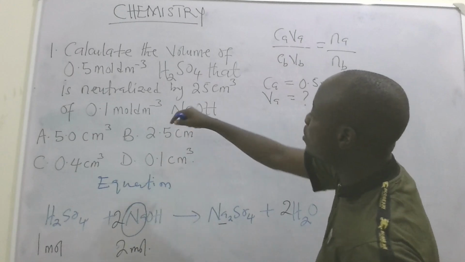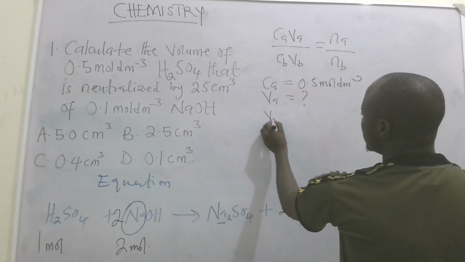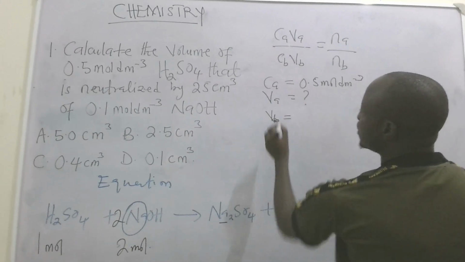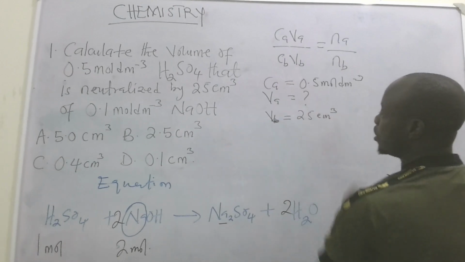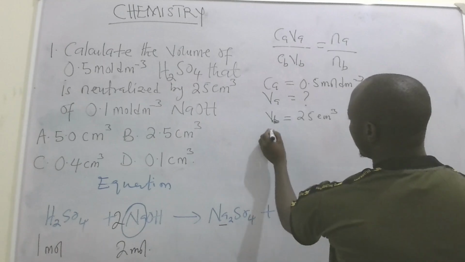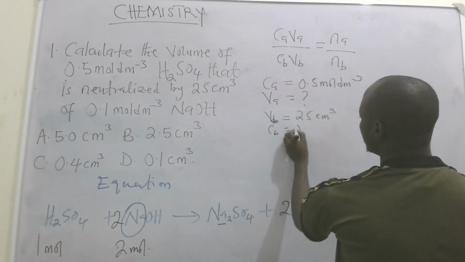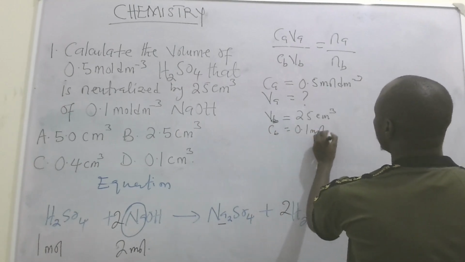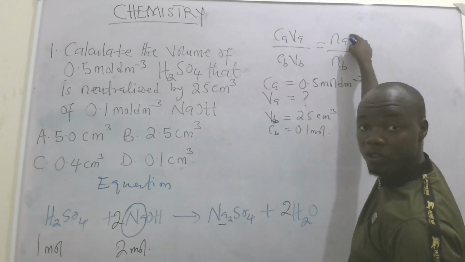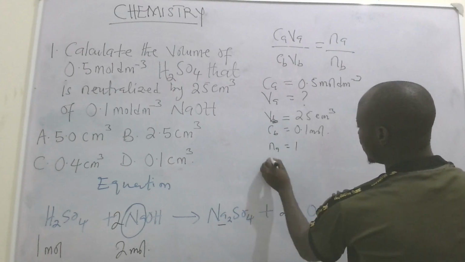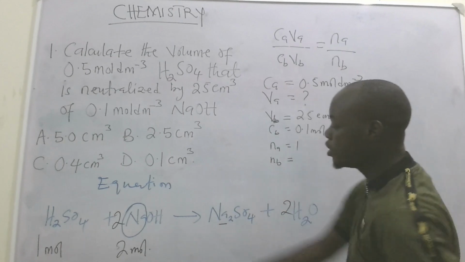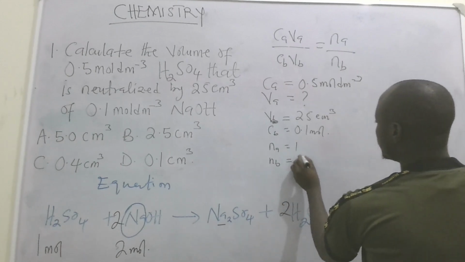The volume of the base is given as 25 centimeter cube, and the concentration of the base is 0.1 mole. The number of moles of the acid, Na, is equal to 1, and Nb, the number of moles of the base, is equal to 2.